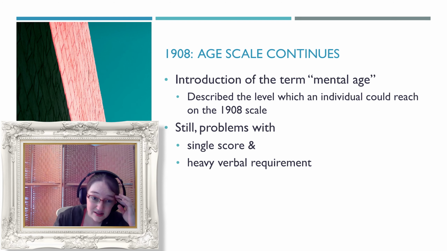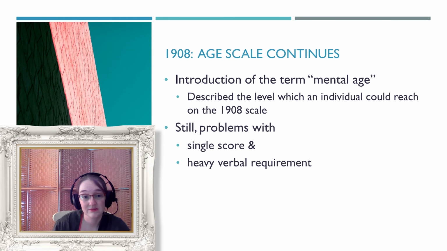So by 1908, they make the age scale continuous. And they introduced this term called mental age, which we have covered already. It's the idea that you can describe the level that an individual could reach on that 1908 scale.